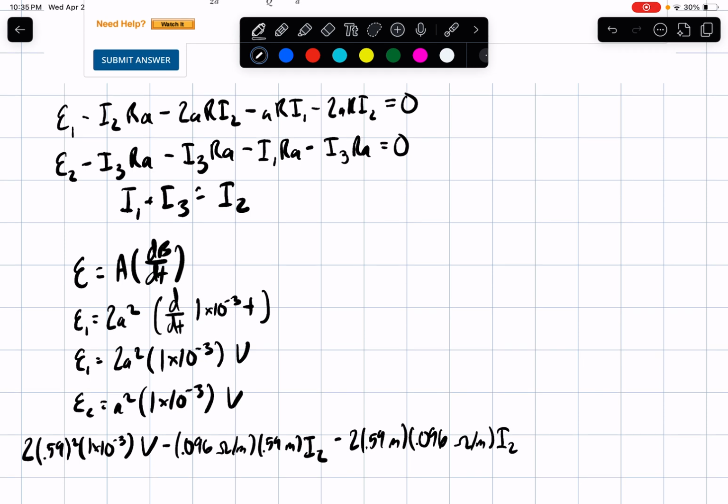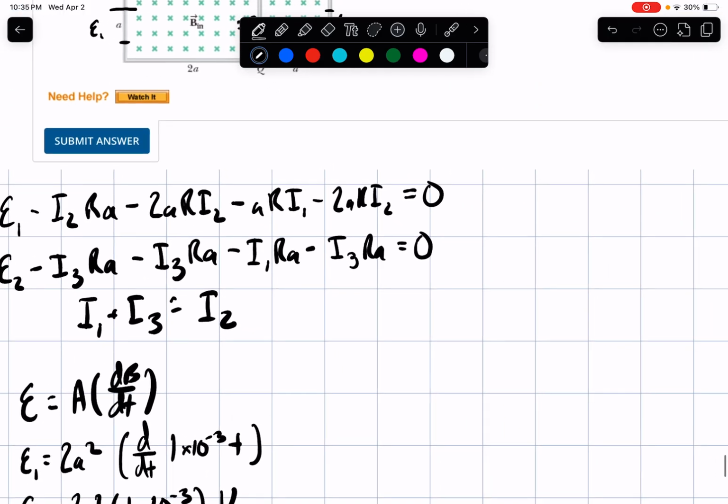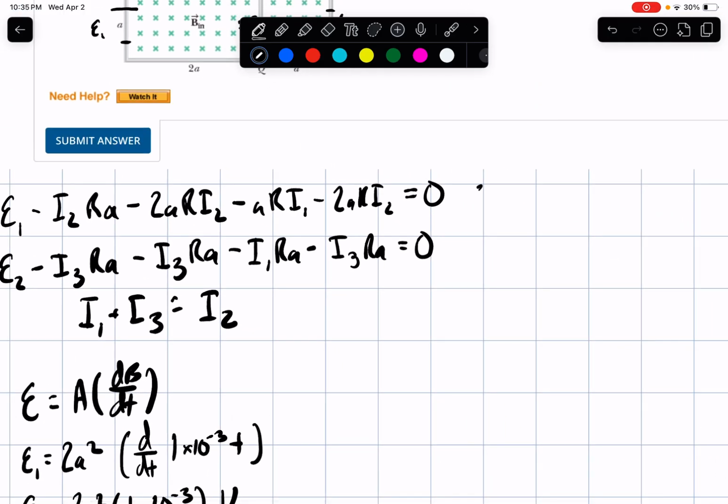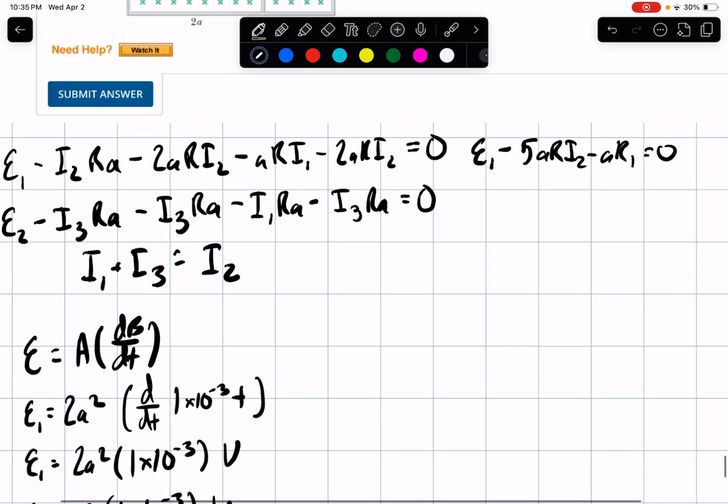These two equations you can simplify a bit first. So that'd be epsilon 1 minus, if you combine like terms, 5ARI2 minus ARI1 is equal to 0. Let's do that to make things easier.